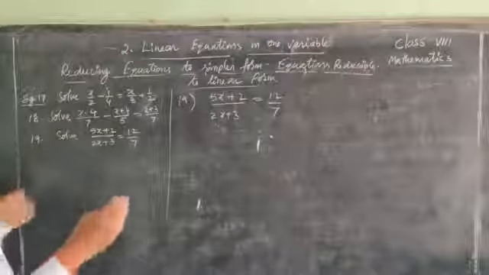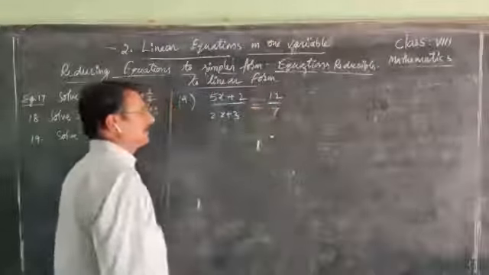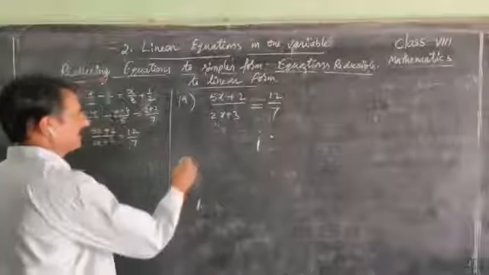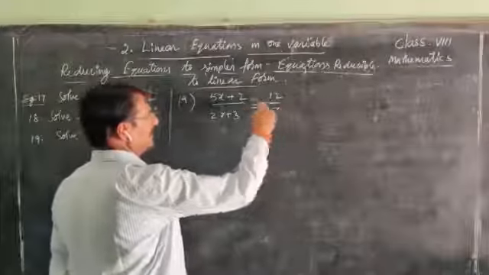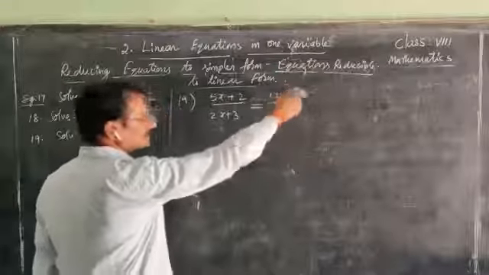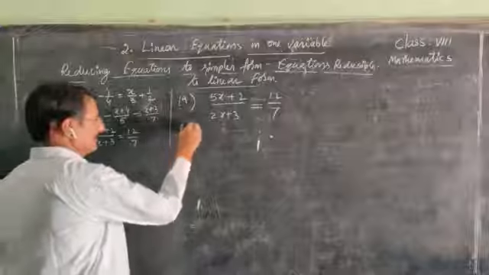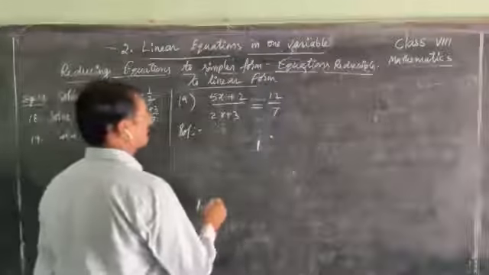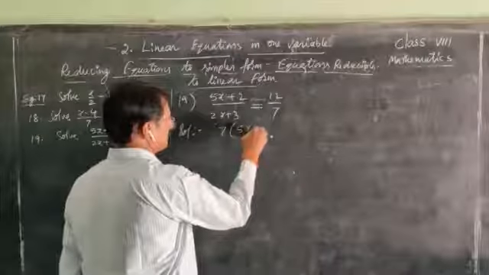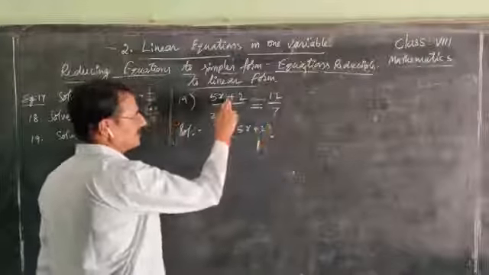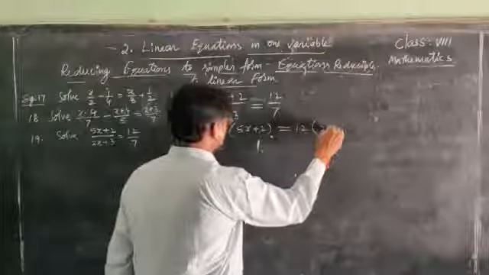In this type, with single fractions given on both sides, we must apply the cross multiplication, it is better to simplify. That means multiply this numerator with this denominator, and this denominator with this numerator. That is called cross multiplication. 7 into 5x plus 2 equal to 12 into 2x plus 3.